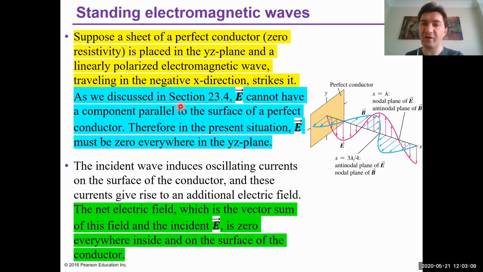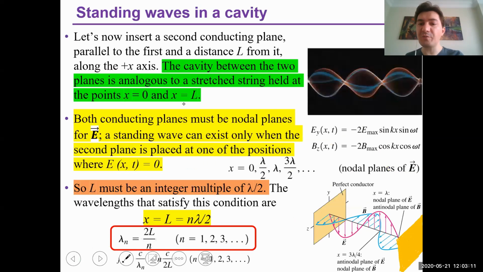We have discussed this in chapter 23. So if you put another conductor plate here, the electric field on the surface of that conductor will also be zero, okay? So when x is equal to L, the electric field component will be zero. Then you can use that expression. So L is equal to n times lambda half.